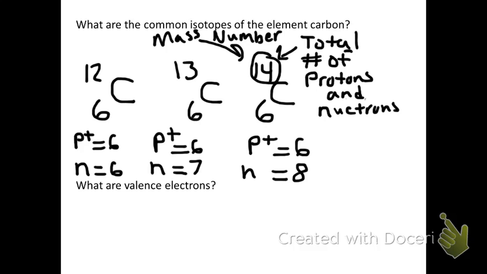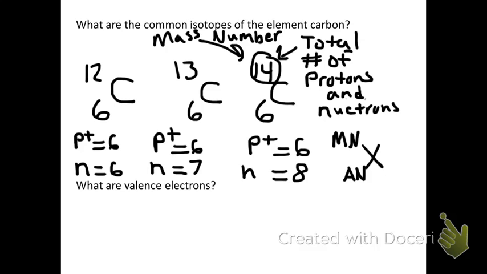So what we normally will do then is we will always write the symbol. Let's say X represents any element. And then we'll put the atomic number at the bottom, and up at the top left corner will be the mass number.